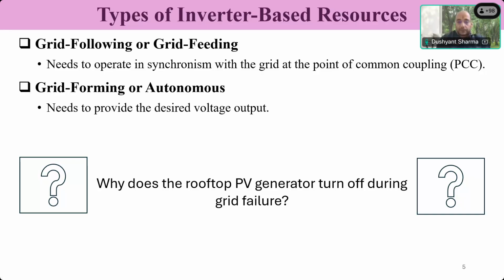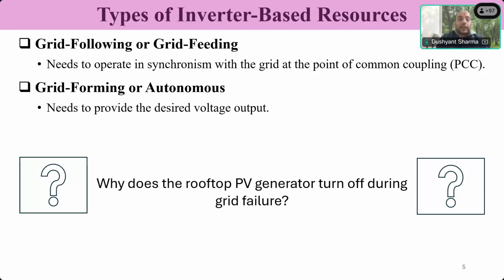by control. Take a simple example: what is the voltage that we get at our homes? It is like 230 volts. Can we change it? No. If I have a small generator at my home, and I put it in the wall socket, can I change the voltage of the wall socket? No. The voltage remains fixed because the voltage is coming from a grid, and behind the wall socket I have a very large grid.